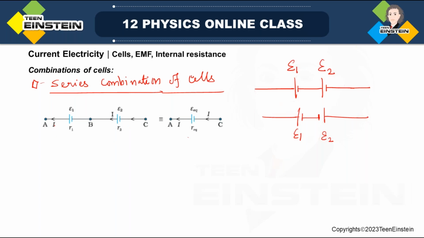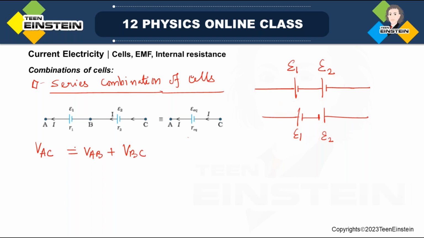All right, and I know these internal resistances. So let me check what is happening here. The total potential difference, VAC, I can write as the potential drop across AB, across this cell, plus VBC.